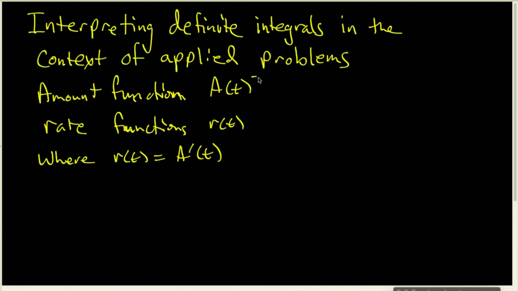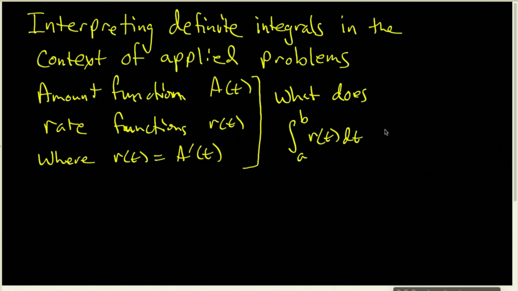And in the context of this, the question becomes, what does the definite integral from a to b of R of t dt mean? Particularly in the context of the problem. Now, I already know this much.